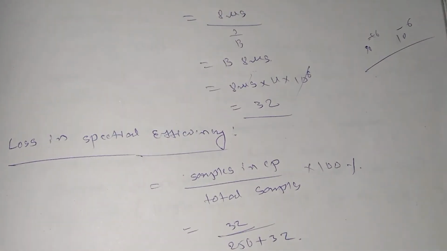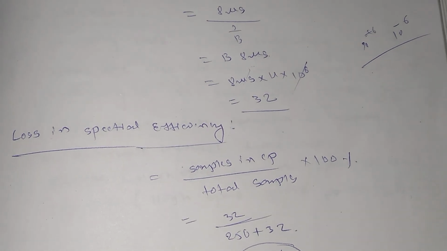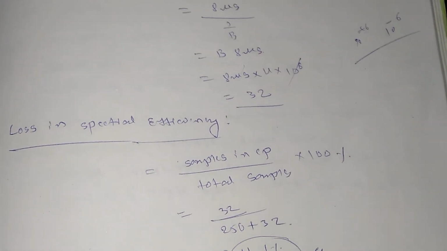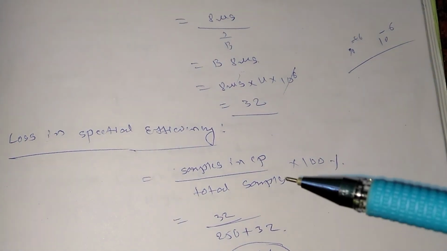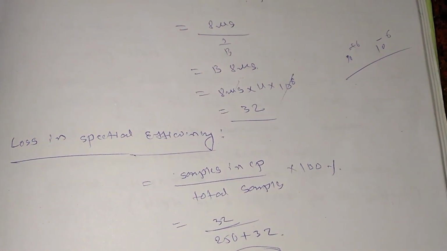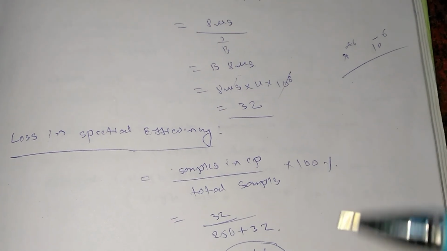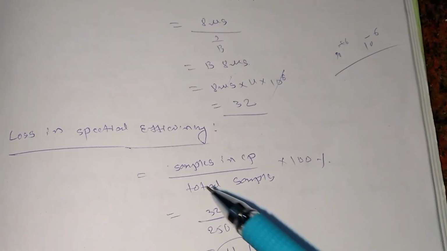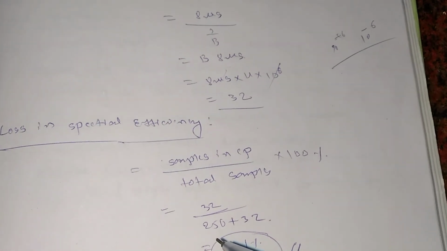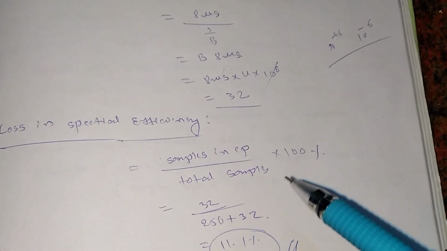Now I will try to find out the last thing, that is loss in the spectral efficiency due to addition of cyclic prefix element. So loss in spectral efficiency is given by samples in the cyclic prefix divided by total samples into 100%. So samples in the cyclic prefix I have found just 32 and total samples are 256 as given in the problem itself, and 100%.